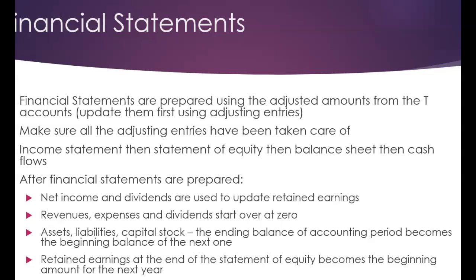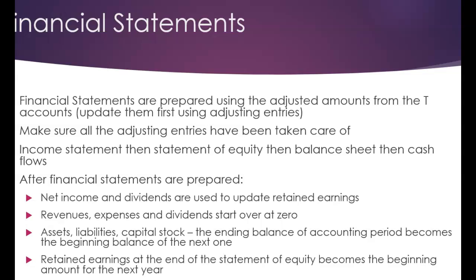In this class, however, it's kind of important to go through the mechanics of actually preparing the trial balance, actually preparing the T accounts, because you can see and understand what the automated system is actually doing. So the financial statements are going to be based on the adjusted trial balance. You're going to make certain that your journal entries are done, and then you're going to complete your income statement first.